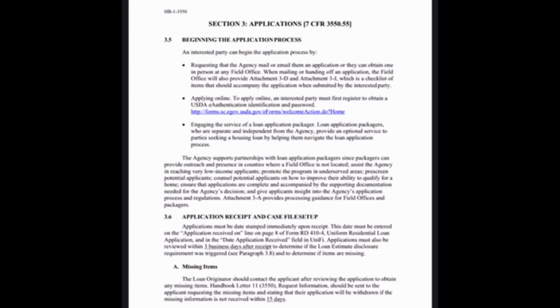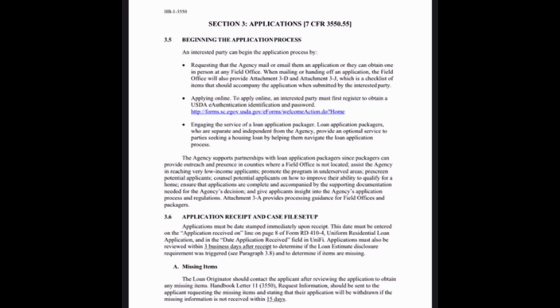So I would advise that you either email them to get an application so that you can converse with them via email, and then you can also apply online. I think it is best to apply online because you are able to send items to the office directly. They will let you know if you have any missing items within the first 3 days. And if you don't, then they will proceed with your application.